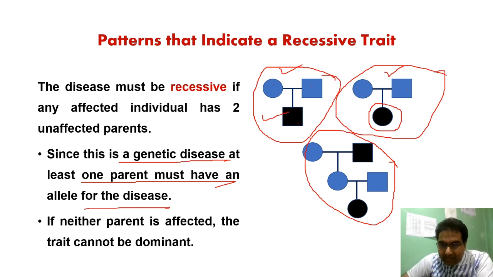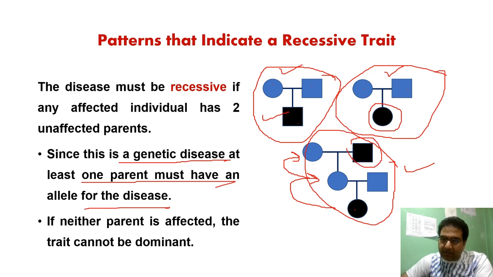And it is now obvious from this picture that this daughter, whose parents did not have any kind of disease, had grandparents who had the disease. It means the disease was transmitted from this parent to this offspring, and from this parent to this offspring.